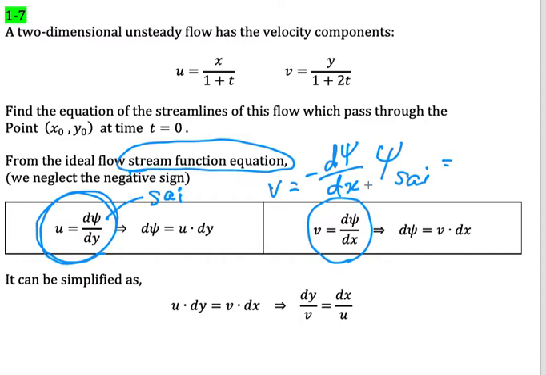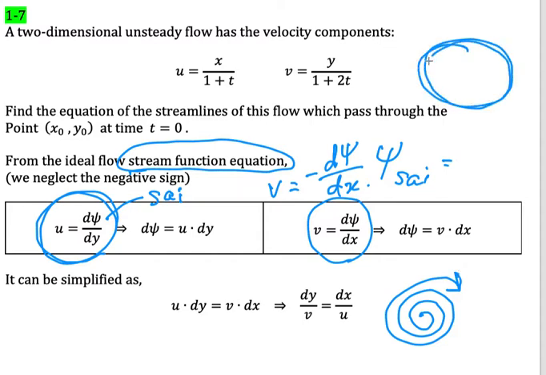So for example, you have a vortex here, meaning the water flows like this. Let's say you have a pond here, and you will find that the pond rotates like this.